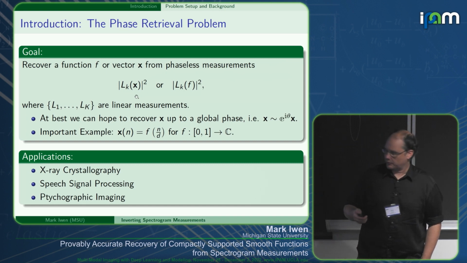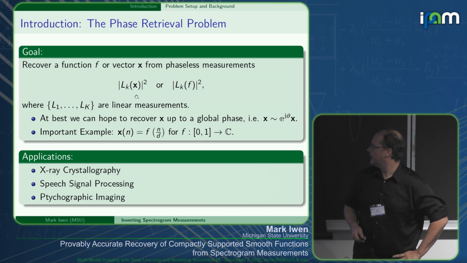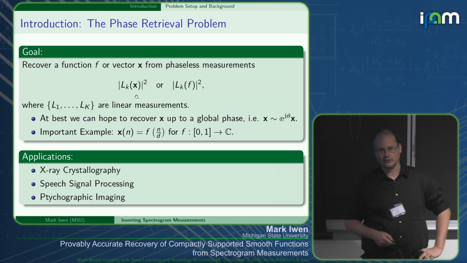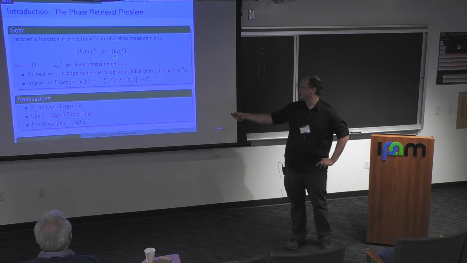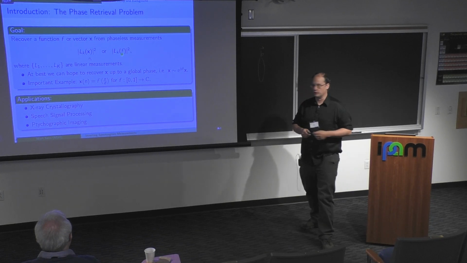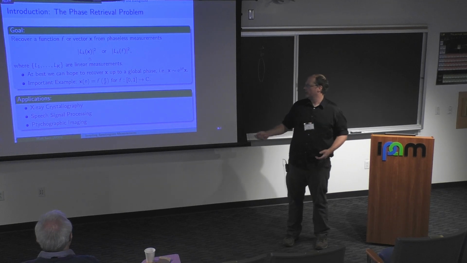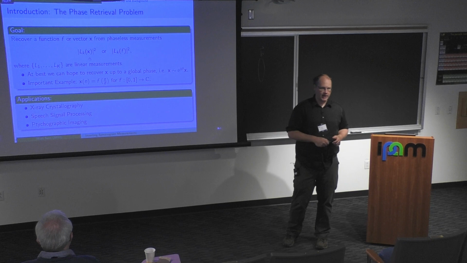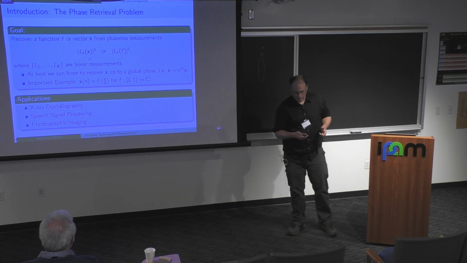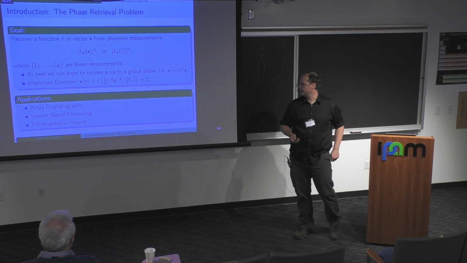There are a lot of imaging applications that are related to these types of measurements, so that influence the structure in these linear measurements effectively, which sort of come to you from whatever imaging system you happen to be using. So X-ray crystallography is an example. The more engineering side, speech signal processing will be related to the measurements I'll talk about today.